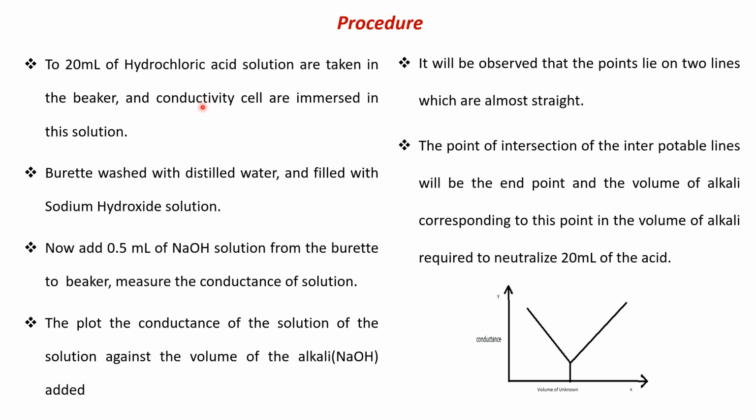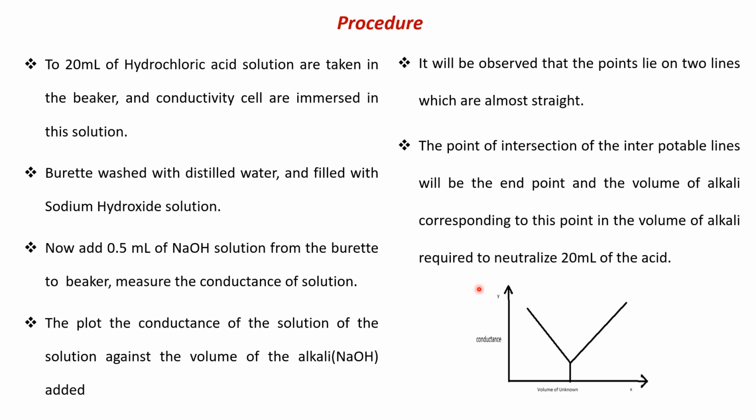So this is the procedure. 20 ml of HCl is taken in a beaker, and the conductivity cell is immersed in this solution, which was filled with sodium nitrate solution. Now add 0.5 ml of NaOH solution from the burette to the beaker, measuring the conductance of the solution.